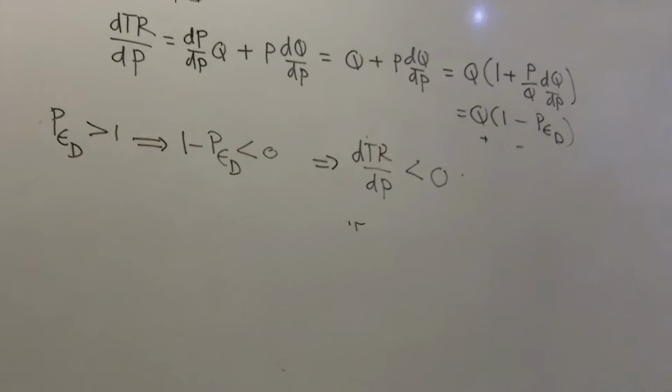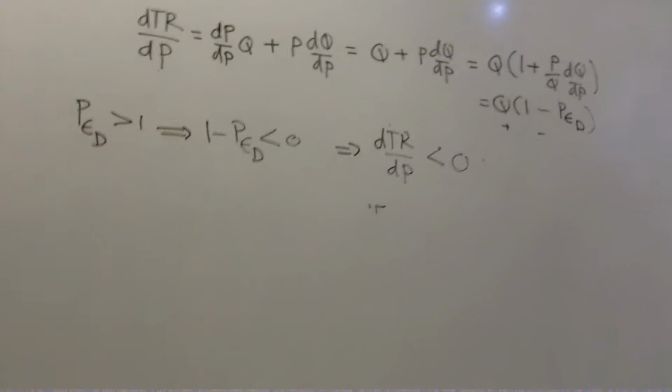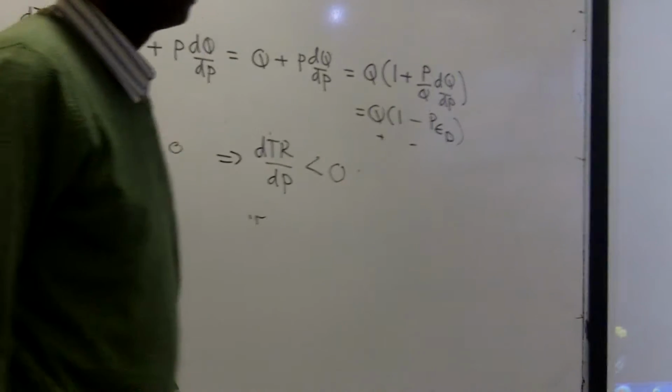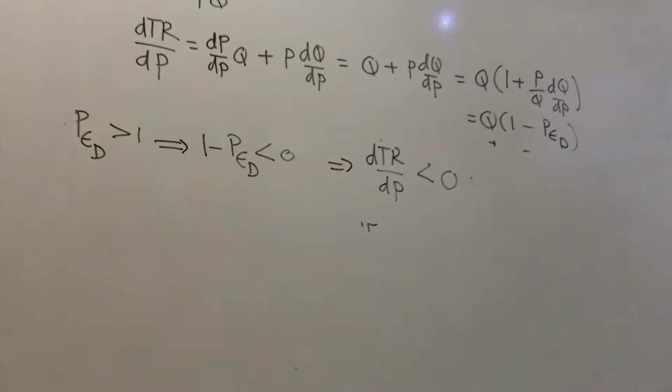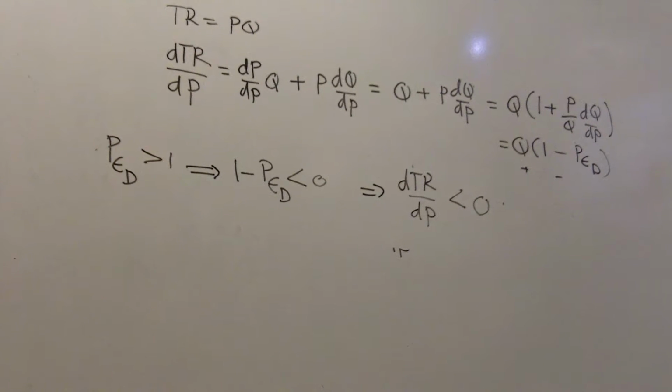If the derivative is negative, that means the function is going down. That means TR is decreasing. When elasticity is greater than 1 and price increases, total revenue goes down.